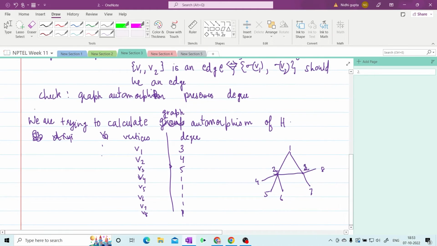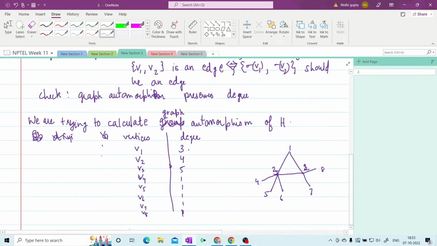Now if you want to construct the graph automorphism, V1, V2 and V3 should be fixed, because a degree 3 vertex under a graph automorphism should go to a degree 3 vertex, but there is no other degree 3 vertex other than V1, and similarly for V2, V3.